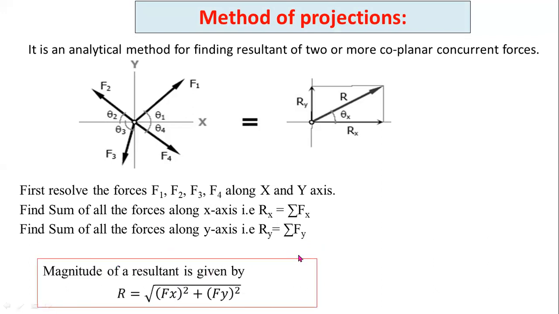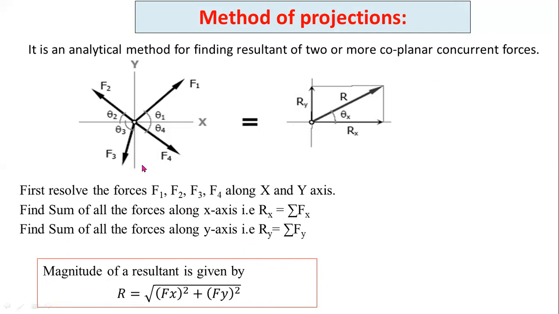After that, by using the analytical formula, resultant R equals square root of (sum of all horizontal forces) squared plus (sum of all vertical forces) squared. This is the formula for the magnitude of a resultant. This formula is very important for determining the resultant of two forces.